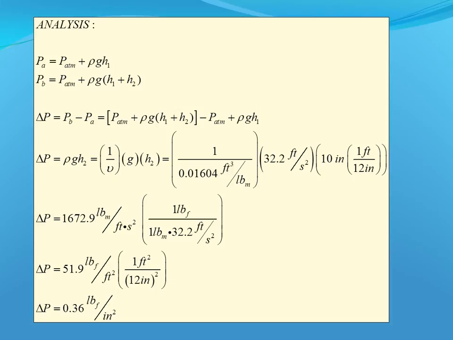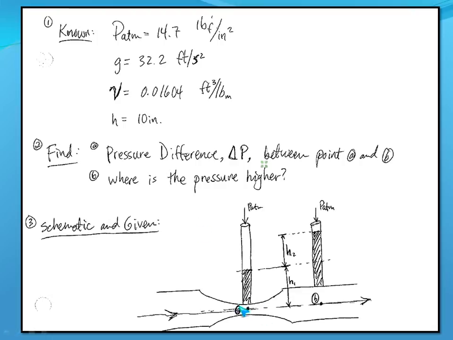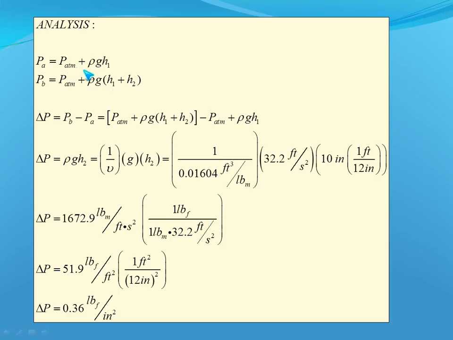Okay, so let's look at the analysis here. The pressure at location A, we're actually doing a calculation for absolute pressure, right? Because you'll notice here we have the atmospheric pressure in our equations. The pressure at location A is just equal to density times gravity times H1, and then we have to add in that atmospheric pressure.